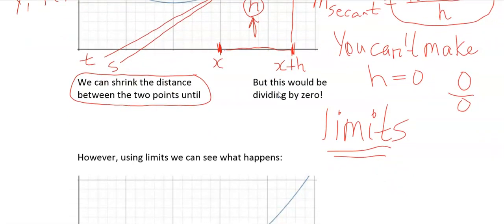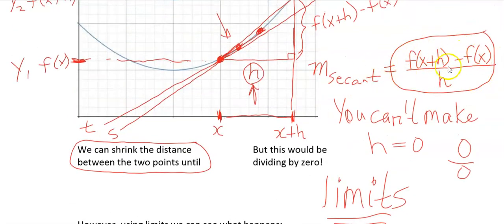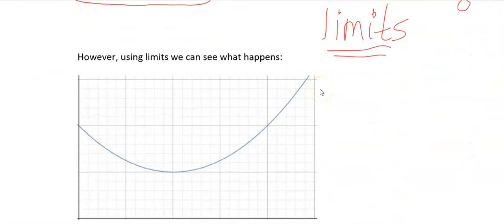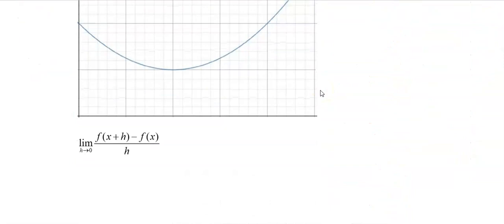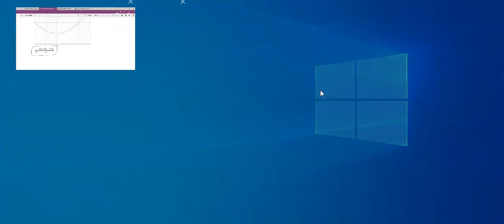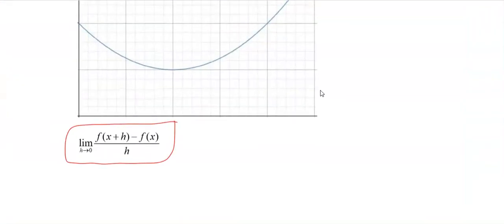So what we're really going to do, here's your slope, remember, that's your slope. It's the slope of the secant line. But if you want to get the slope of the tangent line, here is what you calculate. Now look at that, very important. Let me put down m of the tangent line.